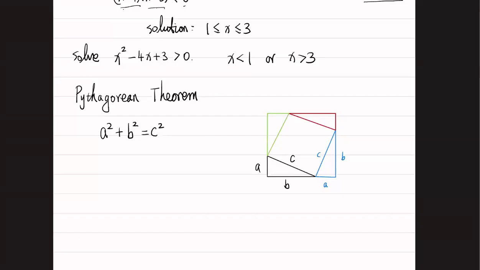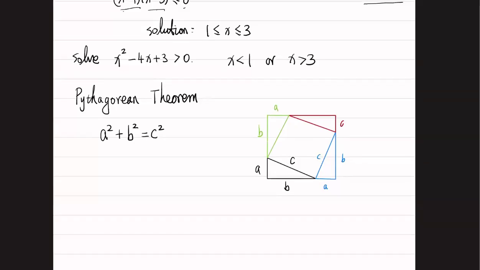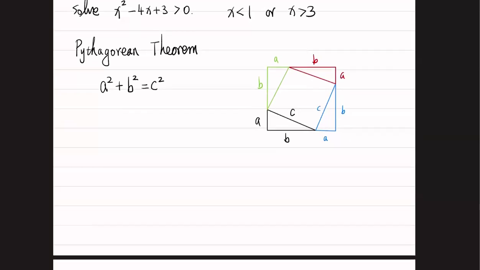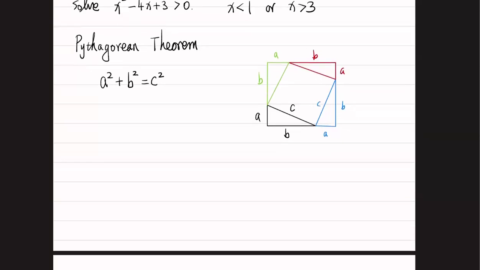Okay, so my drawing is not that perfect. If I have a good drawing, this should be a square. Let me label this. This will be A, B. Okay, so we have C. Now what do we have?